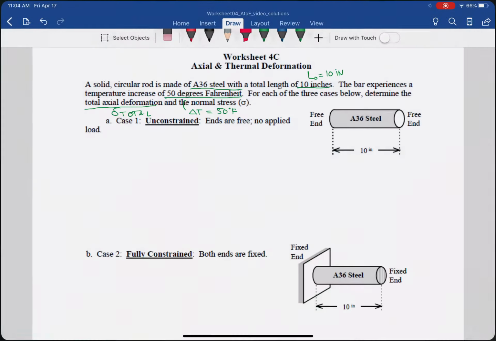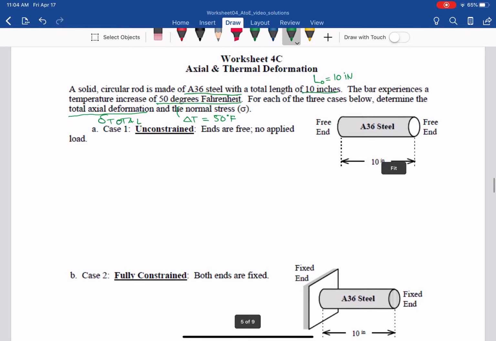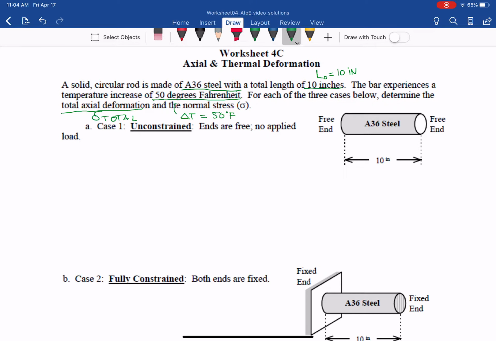So with that, let's go back to here. From here, we can write down delta total equals delta temperature plus delta due to the load.